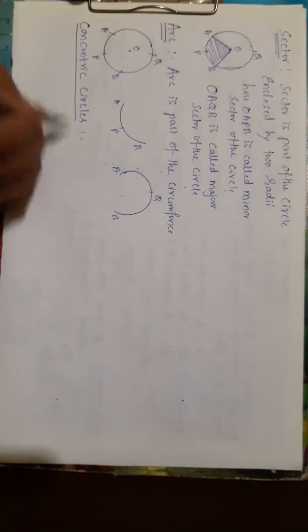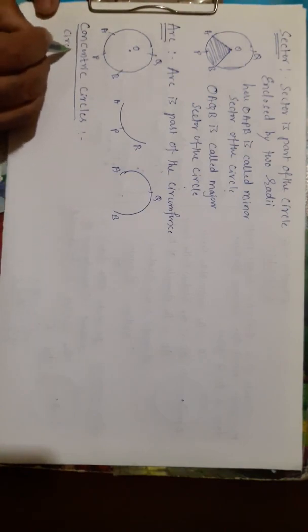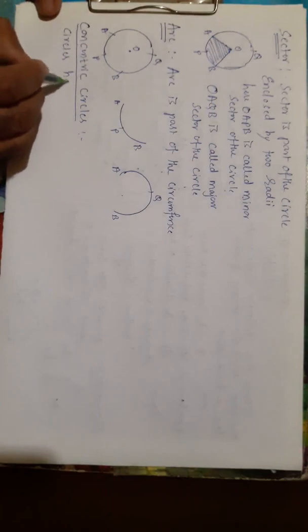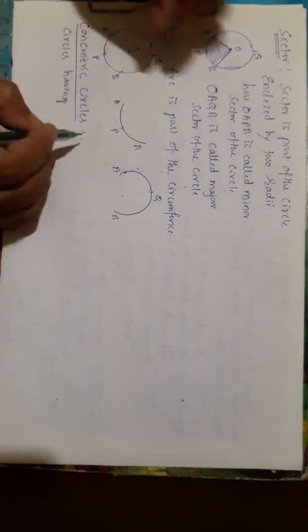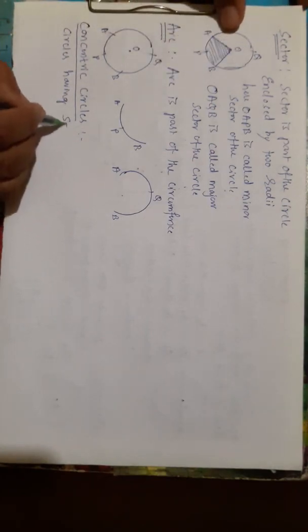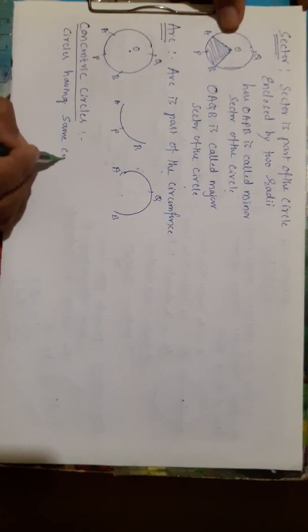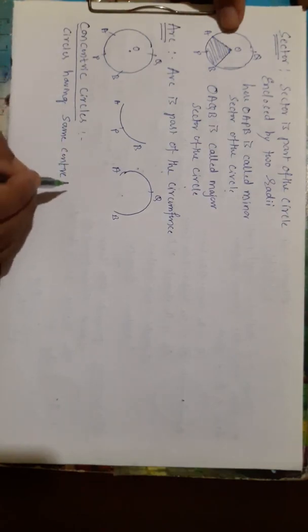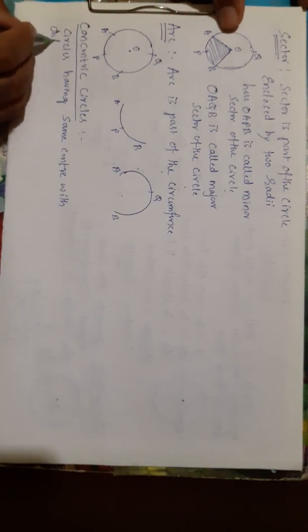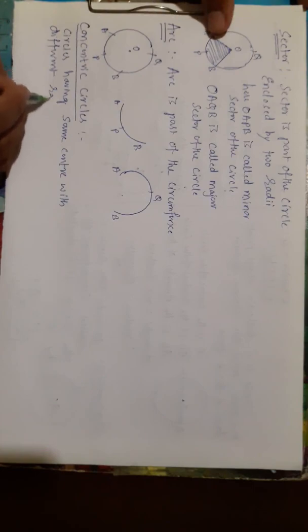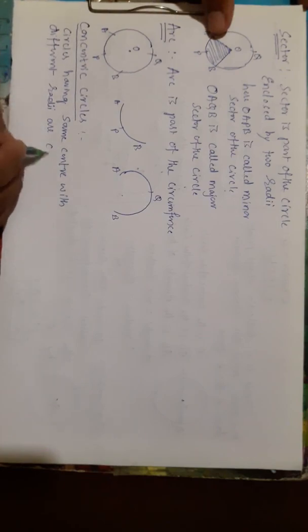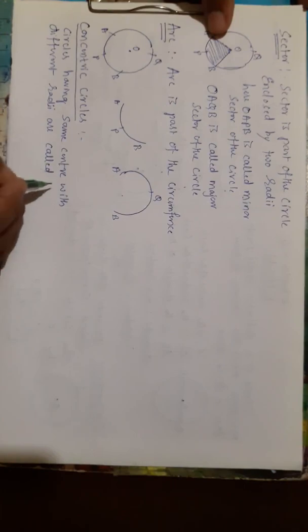Circles having the same center with different radii are called concentric circles.